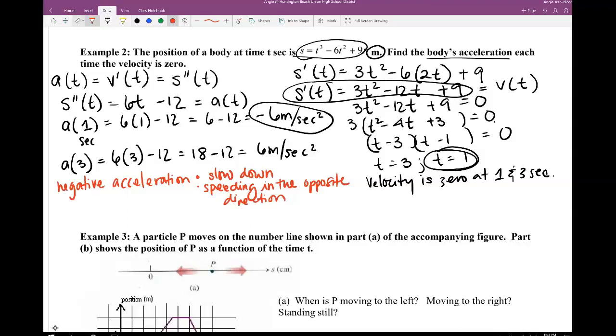Here we go. The object is accelerating at t equals 3 seconds.